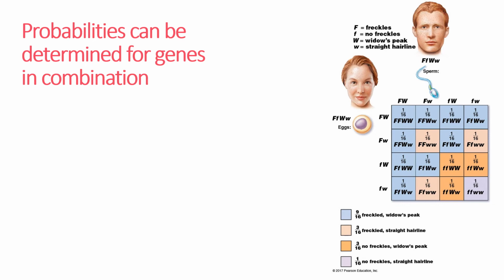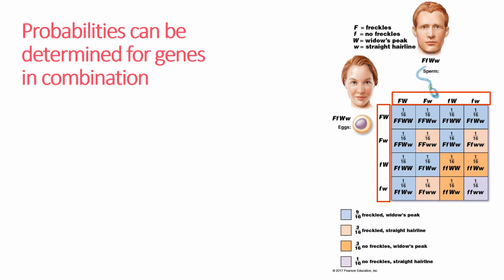Probabilities for genes can be determined in combination using the same technique, a Punnett square, that we've used in previous slides. However, when we're looking at the generation of gametes, we have to look at all of the possibilities of those combination genes.